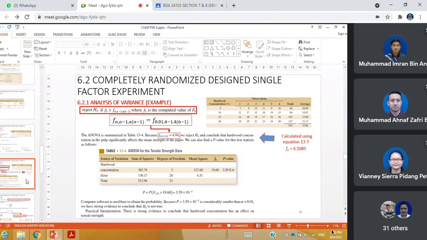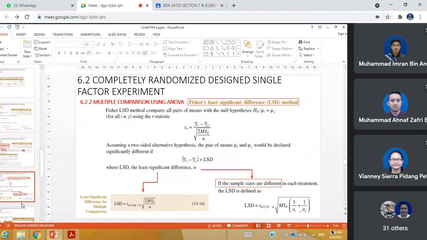Analysis of variance: how we compare between two variants, comparing level 1 and level 4. This is the explanation that I extracted from a book. Okay, next is multiple comparison using the ANOVA.